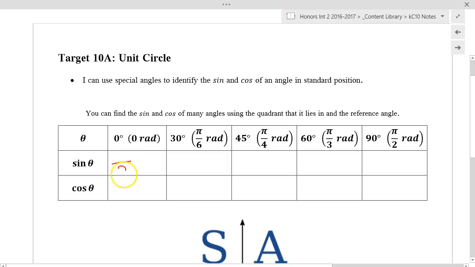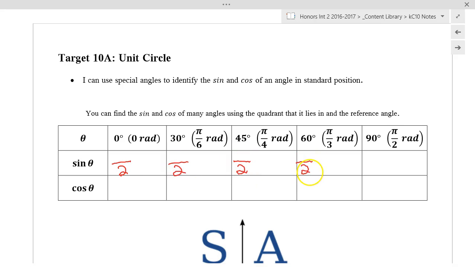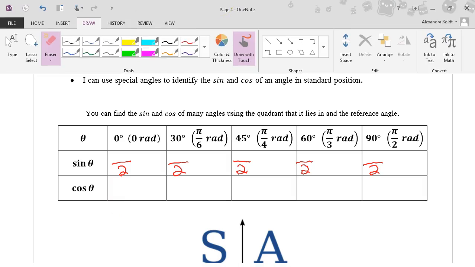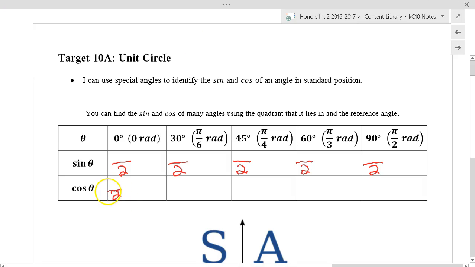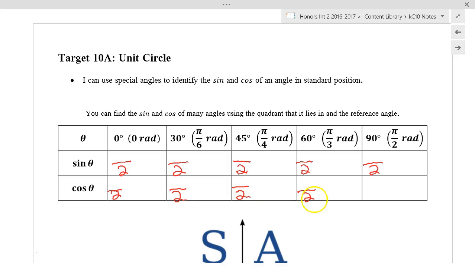So I'm going to do over 2, over 2, over 2, over 2, over 2. That's not leaving a lot of room. Sorry about that. Over 2, over 2, over 2, over 2, over 2. Now, the next thing I'm going to do is put a square root in the numerator.